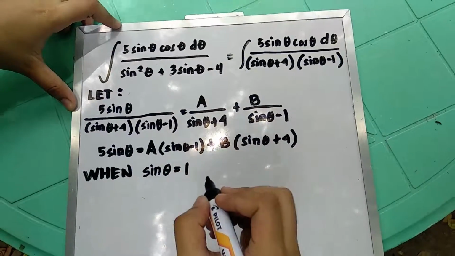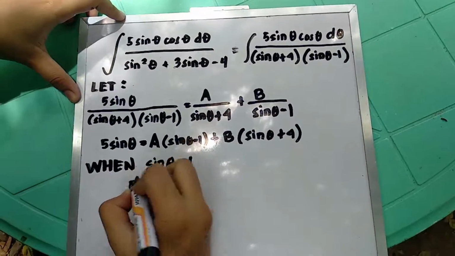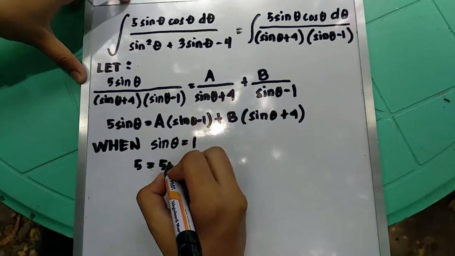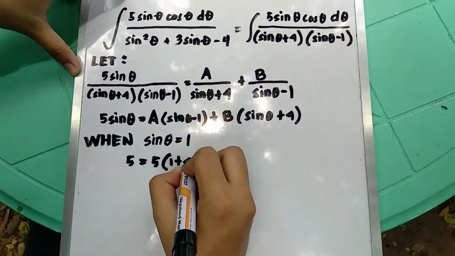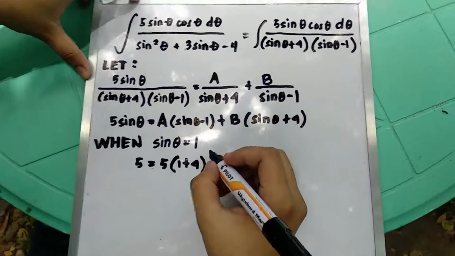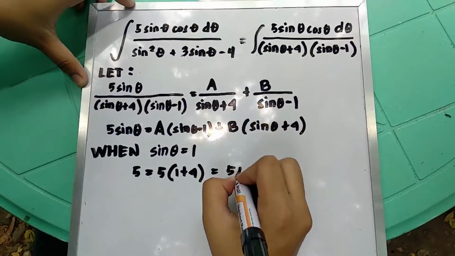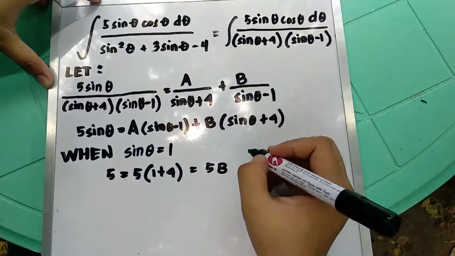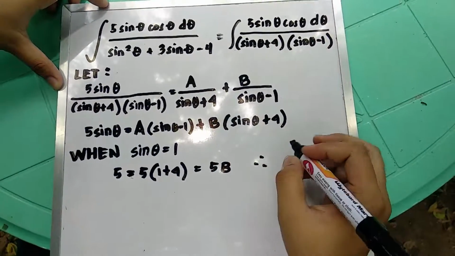We use the zeros of the factors as values. When sine theta is equal to 1, then 5 is equal to b times 1 plus 4, equal to 5b, therefore b is equal to 1.